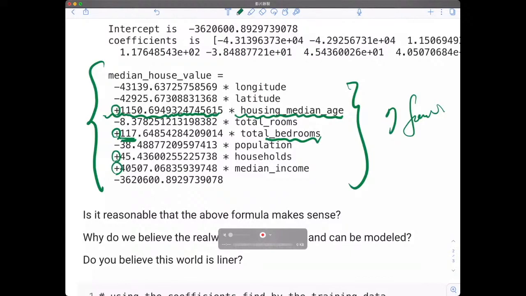From my experience analyzing data, most data in the real world is much more like non-linear. So when we use linear regression to analyze data, make sure your target and your feature are truly linearly related. Otherwise, I strongly recommend you use some other non-linear regression model to model your data. That is just an experience.